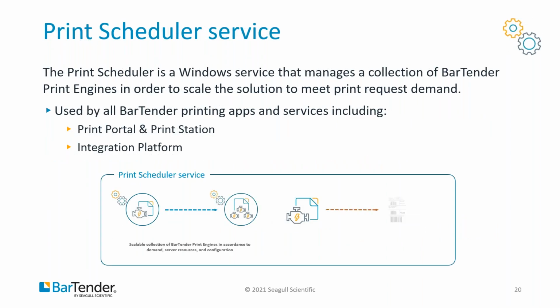Print scheduler. If you remember from the architecture diagram, this is a Windows service, which is part of the BarTender installation, and it manages a collection of BarTender print engine processes.